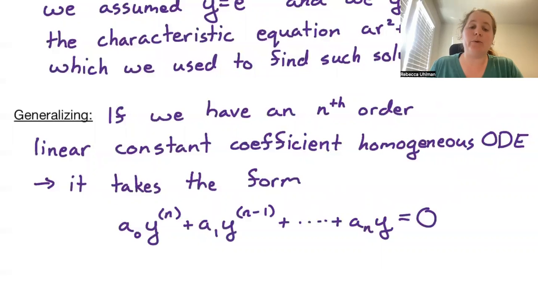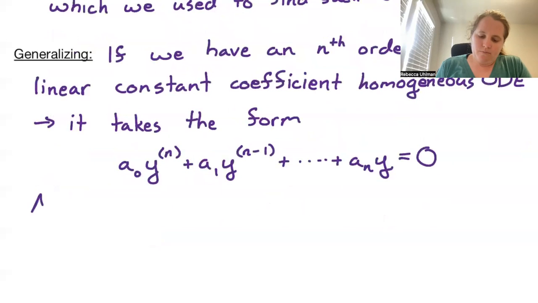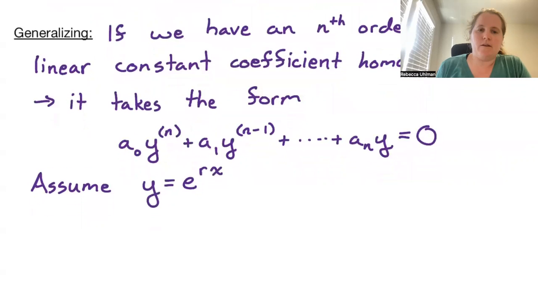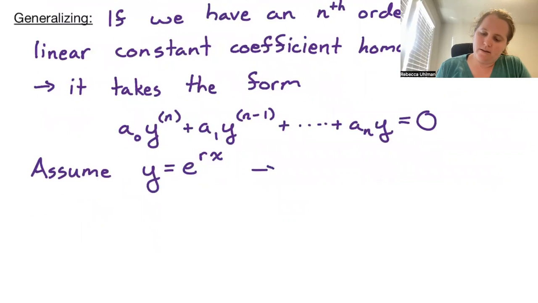Again, because we're doing nth order, we can't do a, b, c since that's specific to how many terms we have. Right? So if we then assume that y is equal to e to the rx, then the kth derivative of y is just r to the k times e to the rx.